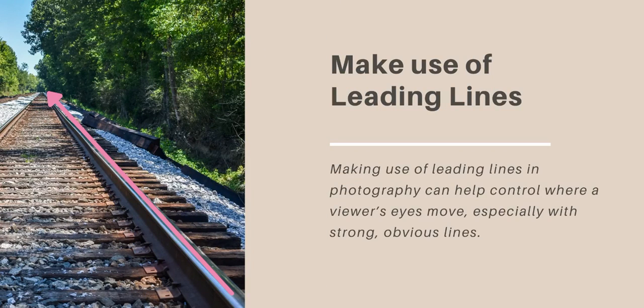Second tip, make use of leading lines. So like I said, we want those people to be looking at our ads as long as possible. So we want to make sure that there are leading lines. Let's say that at the end of this railroad track there was a Coca-Cola train coming.